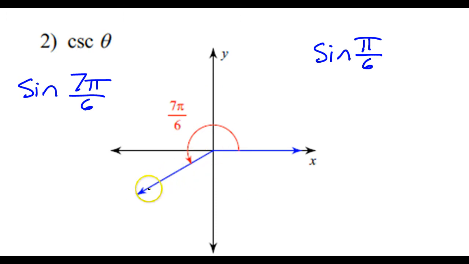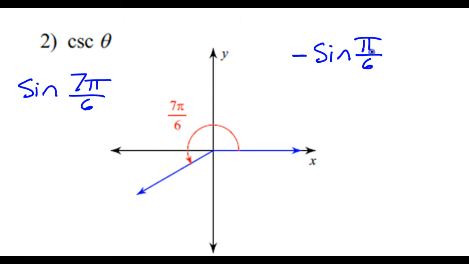Since we're in the third quadrant, is sine going to be negative or positive in this quadrant? Well, remember, sine is the y value on the unit circle. So y values are negative down here. So we're going to have to put a negative on this because sine is negative in the third quadrant.